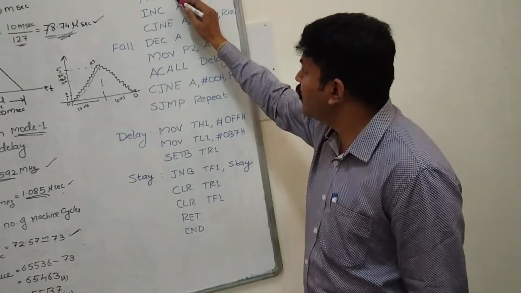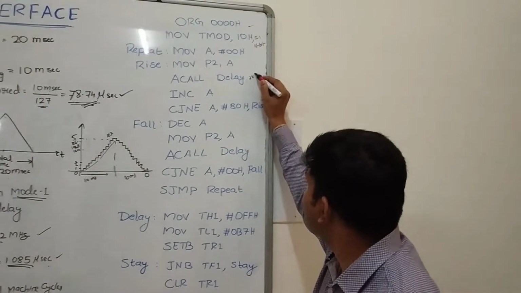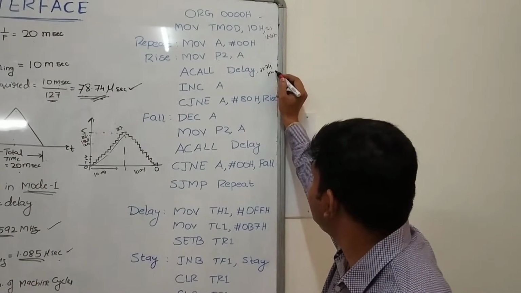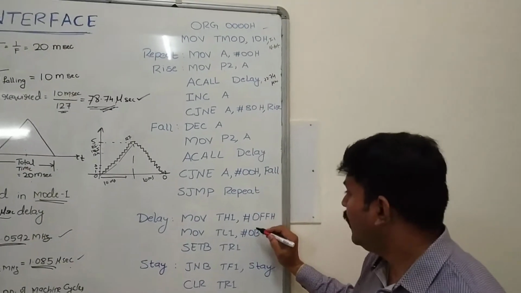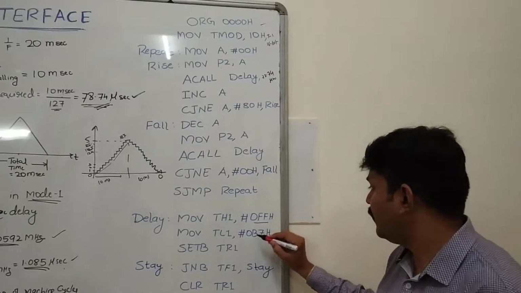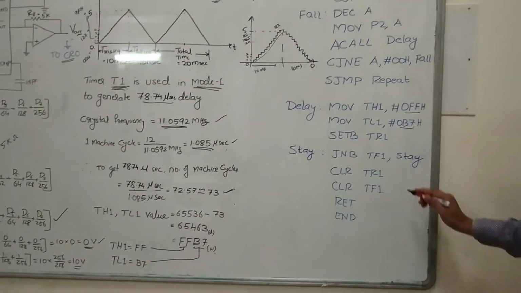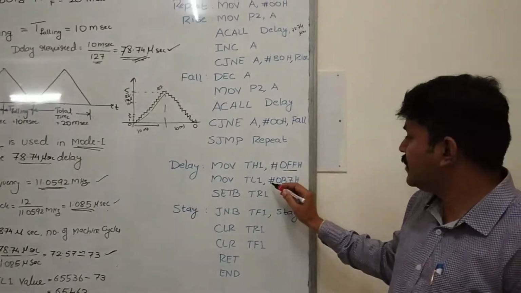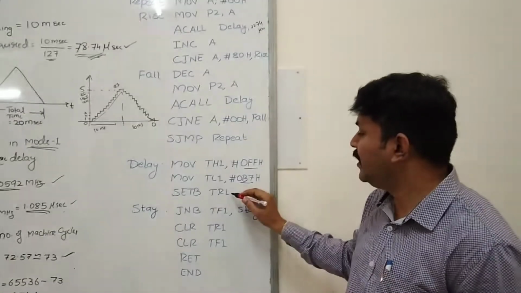Then immediately I will call the delay program, which will generate a delay of 78.74 microseconds. So I'll jump to here, and here I have loaded 0FFH and 0B7H, which I calculated here. After loading the TH and TL registers, I'll start my timer by setting the bit TR1.